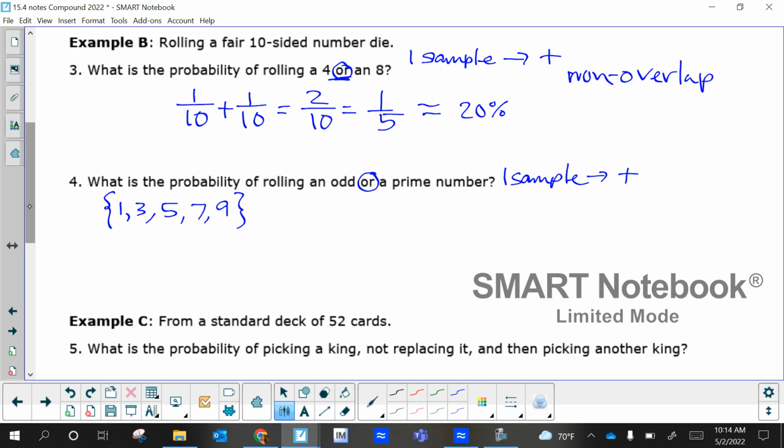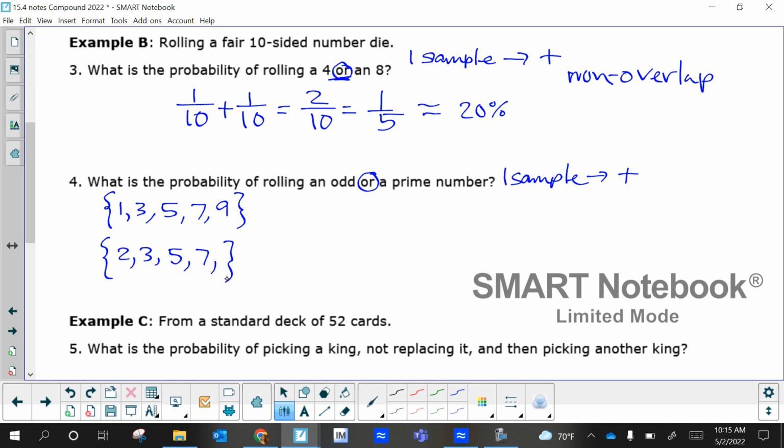And then a prime number, do y'all remember what prime numbers are, okay? 1 is not included. So 2 is a prime number because it's only divisible by itself and 1. 3 is prime. 4 is not. 5 is prime. 6 is not because it's divisible by 2 and 3. 7 is prime. 8 is not because it's got 4, 2, 3, 9 is not, and 10 is not.